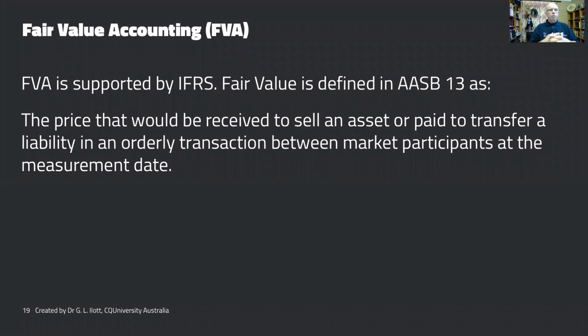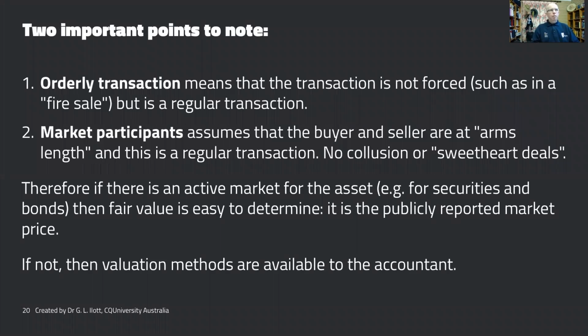So IFRS, represented here by AASB 13, defines fair value as the price that would be received to sell an asset, or what you would pay to transfer a liability in an orderly transaction between market participants at the measurement date.